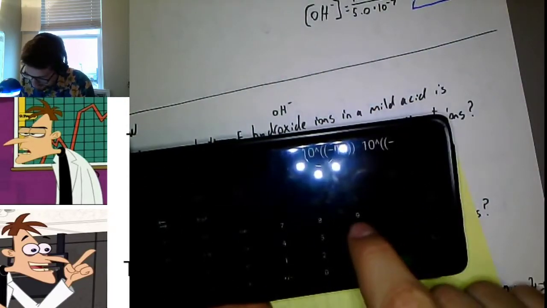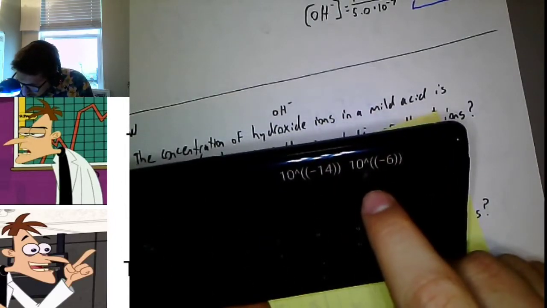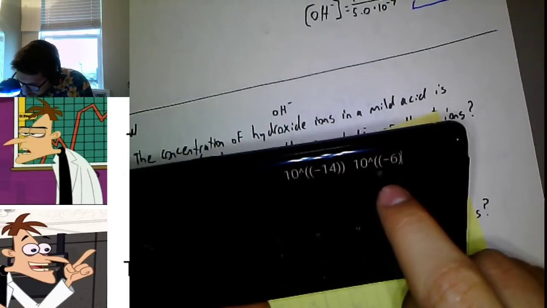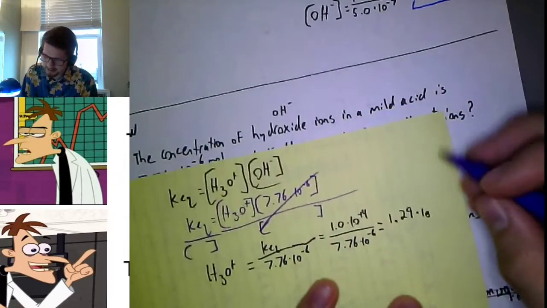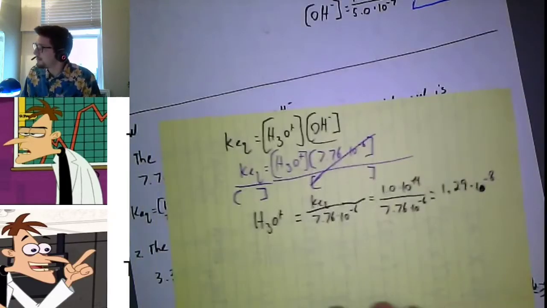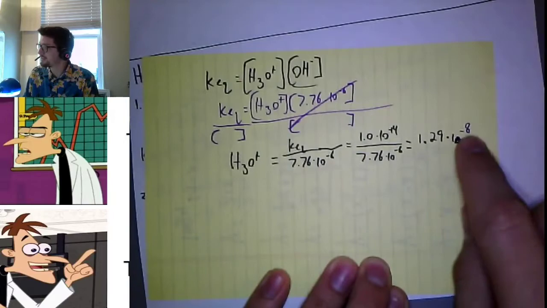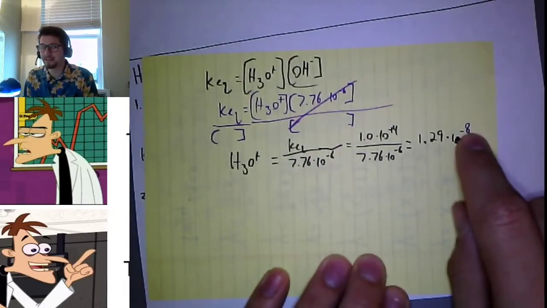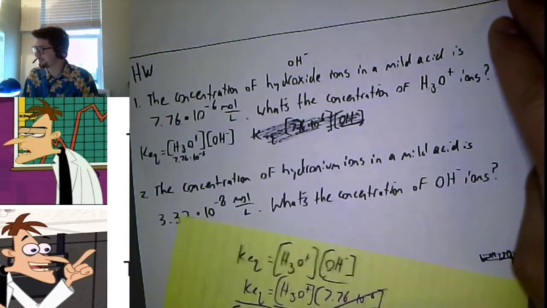Raised to the negative 6 power. And that's 10 to the negative 8th power. Okay. Given that I just had to use my cell phone, my answer might look different than yours for this, and I apologize for that. But we should be on the same page.